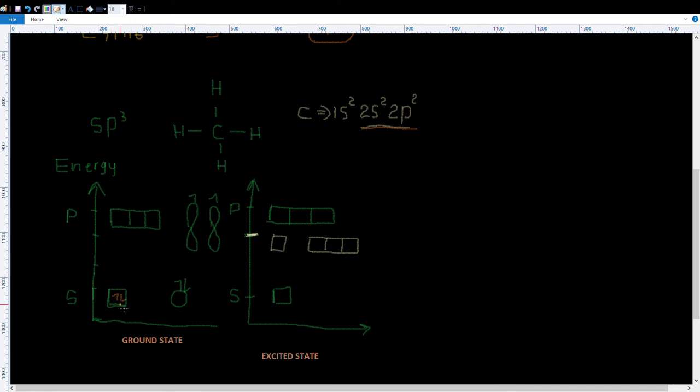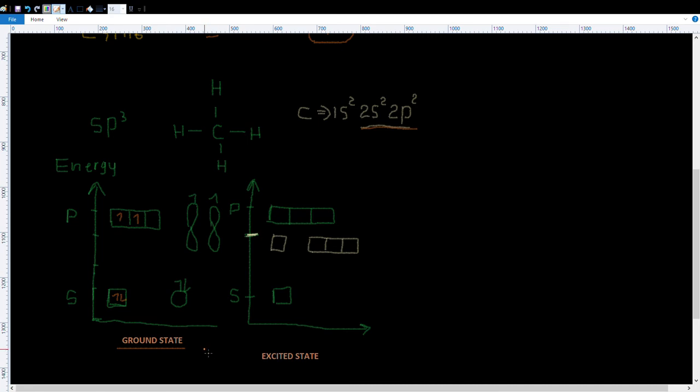It consists of 2 electrons in the s orbital and 2 electrons in the p orbitals. I have already drawn how it looks according to the orbital diagrams, so this is how the electron arrangement of carbon can be seen in the ground state.